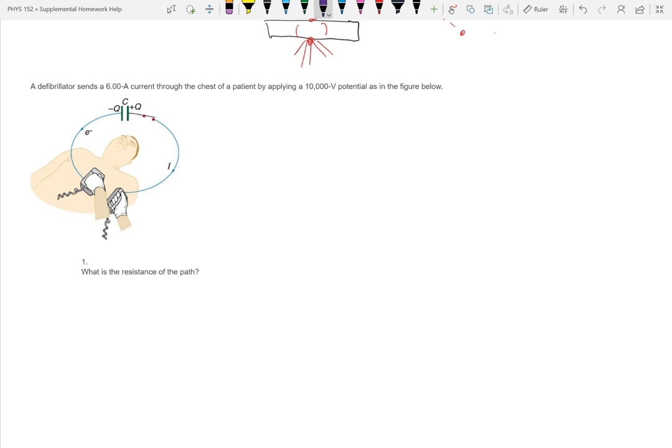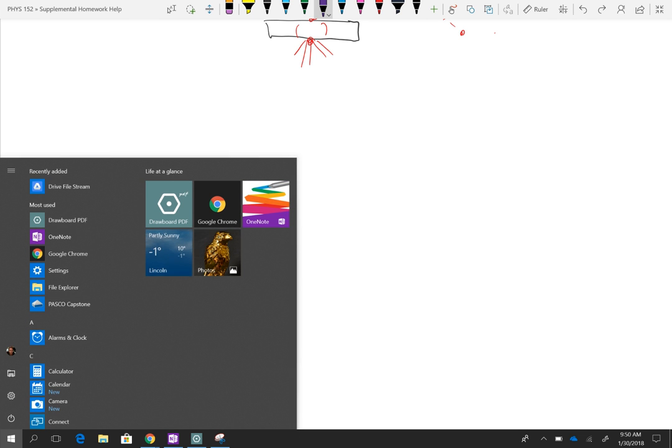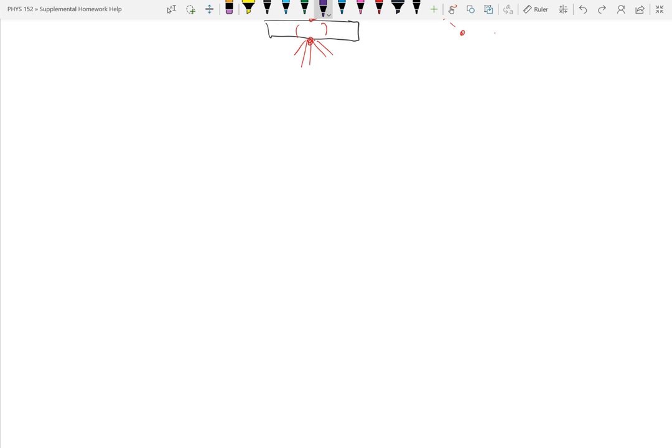Well, so can I use V equals? I'm actually going to remove this and do this in a more organized fashion.